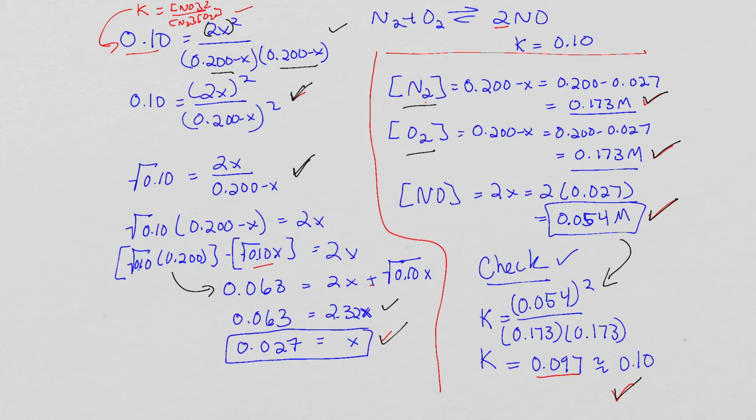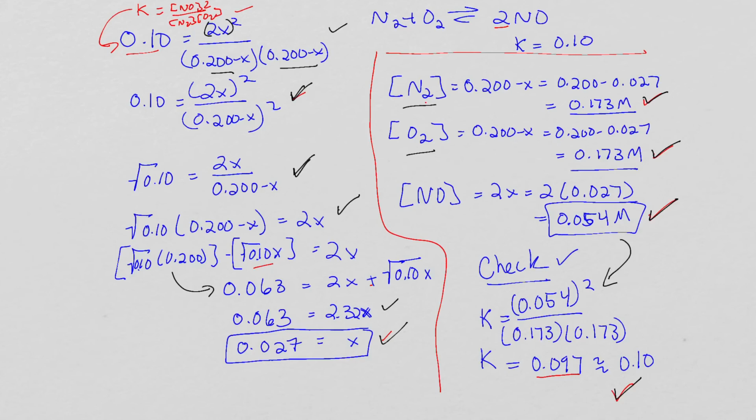But I'm going to first bring the 0.2 minus x over to the left-hand side. Once I've gotten that over here, I'm going to distribute my square root of 0.1. And of course, you could solve for numbers. You don't have to write it out this way, but I'm going to distribute my square root of 0.1 times 0.2, square root of 0.1 times x.